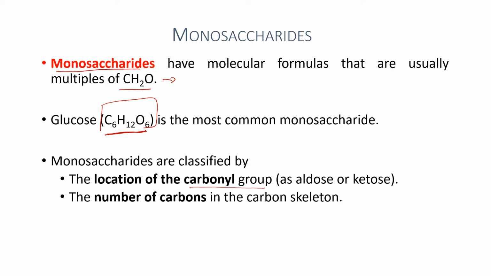As you know, a carbonyl group is carbon double bonded with oxygen. So based on the location of the carbonyl group in the monosaccharide, we can classify a monosaccharide as either aldose or ketose. We can also classify monosaccharides based on the number of carbons in the carbon skeleton. For example, glucose has 6 carbons, so glucose is grouped under the hexose sugars.